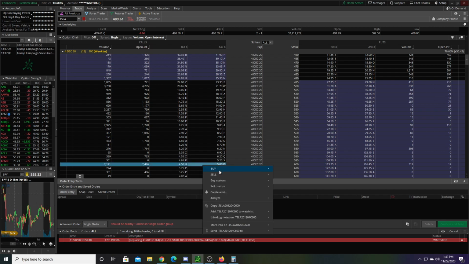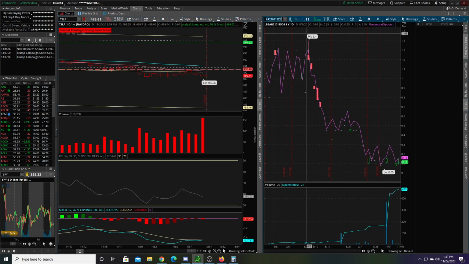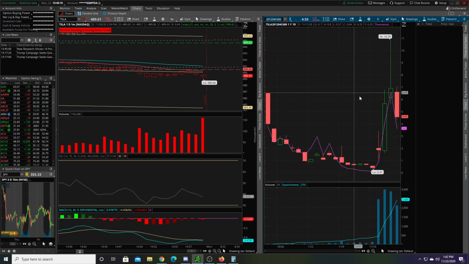We'll go here to this one. So the December 4th 600 call, and we have high open interest and high volume. So a lot of people are holding this one. Generally, I don't know if I would pick that one, but it's kind of out of the money. But anyways, go ahead, jump over to Tesla.